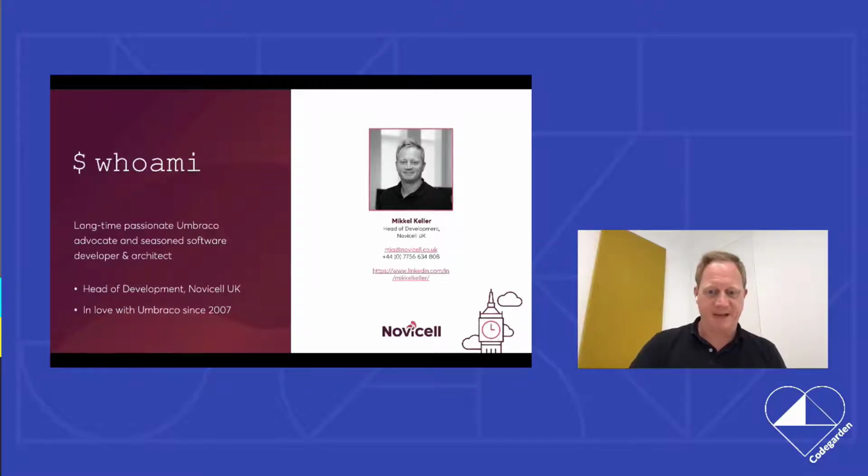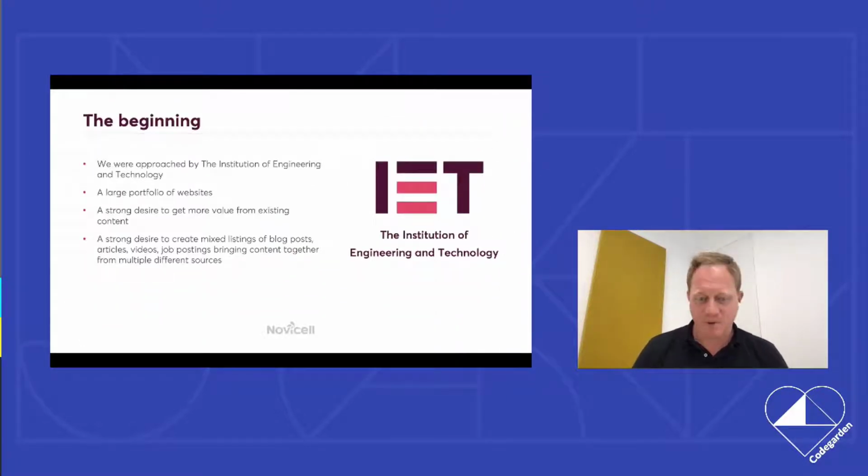So let's start with the beginning. We were approached by our client, the Institution of Engineering and Technology. They had a large portfolio of websites, and they had a strong desire to get more value from existing content distributed among those websites.